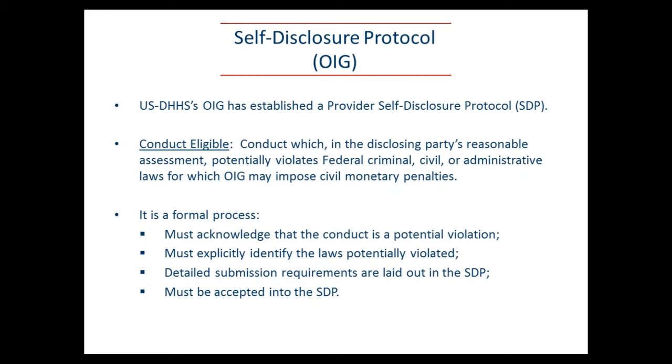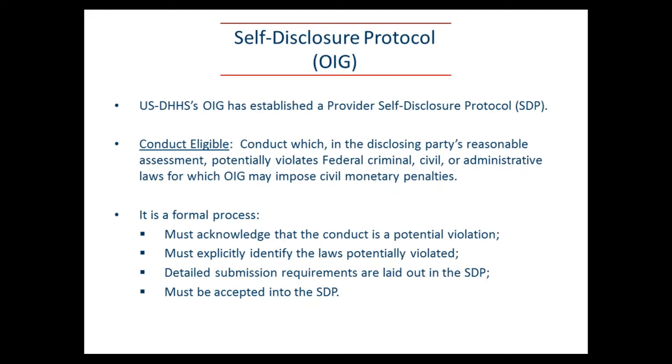And as you can see, a lot of these mechanisms for returning overpayments can easily overlap. One of the differences with the OIG self-disclosure protocol is it's a much more formal process. First of all, you have to acknowledge in writing to the OIG that the conduct is a potential violation.